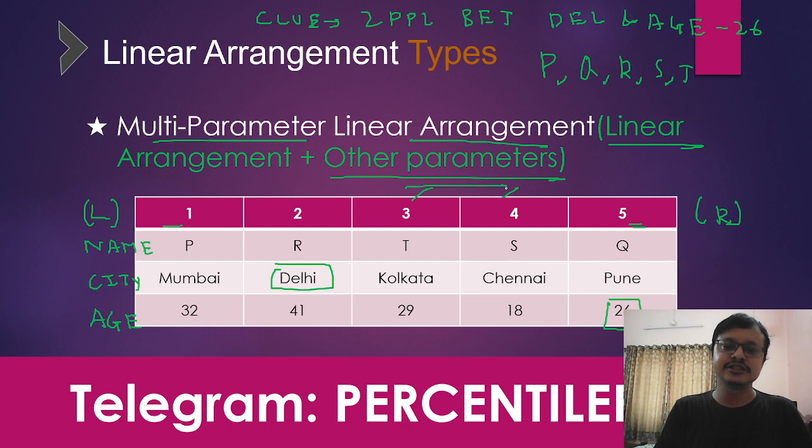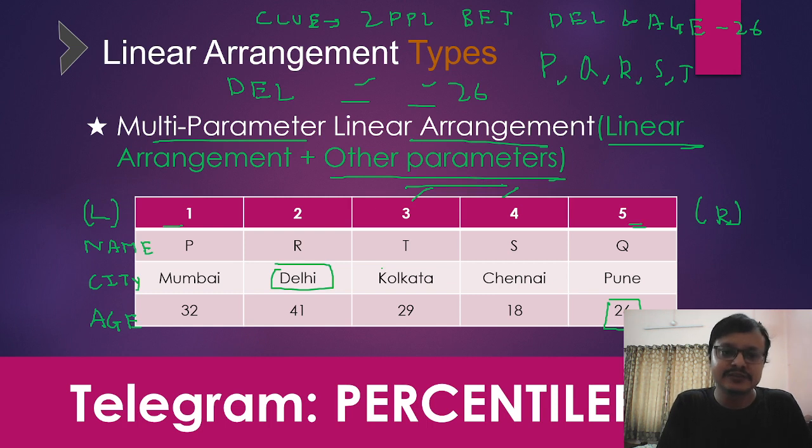So in such cases, what you need to do is not only arrange the names, but you also need to arrange the cities and the ages, and you need to be able to map each of the three parameters against each of the positions. That will automatically mean that Delhi and the age 26, in between there must be two gaps. So again, these are the clues you need to solve.